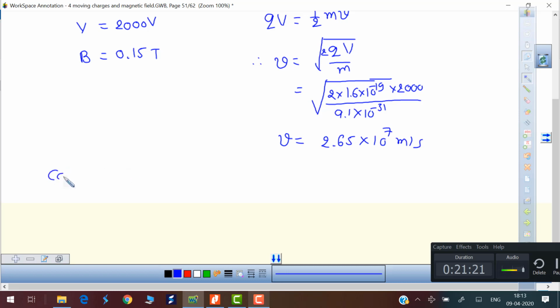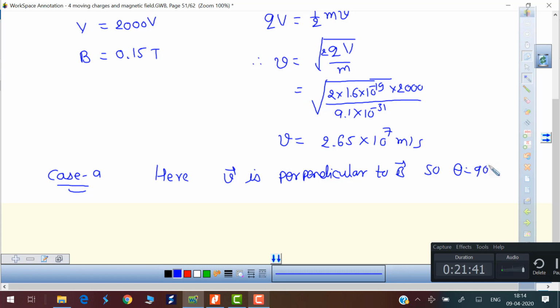Now in case 1 or A, here V is transversely perpendicular to B. So theta equal to 90 degree, right?